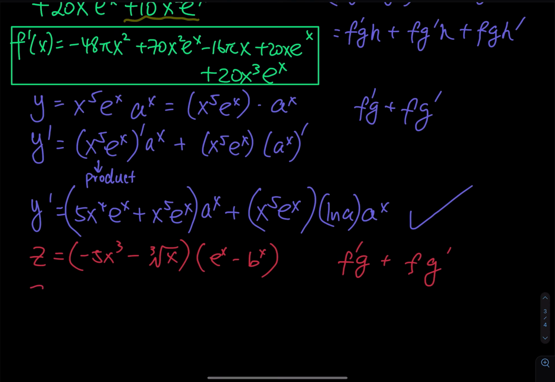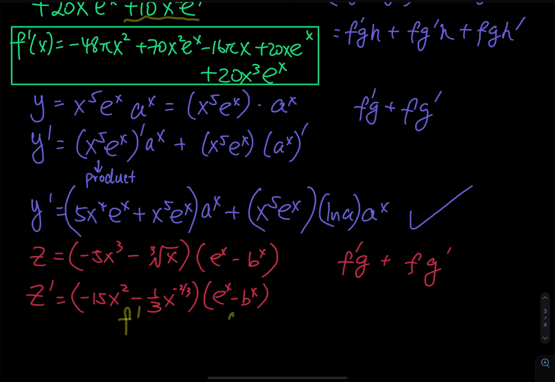Okay, so we have z prime equals the derivative of the first parenthesis, so we bring the 3 down, so that is negative 15x squared, and bring the 1/3 down because cube root is the 1/3 power, and then x to the negative 2/3, and then we copy g, so we just did f prime g.